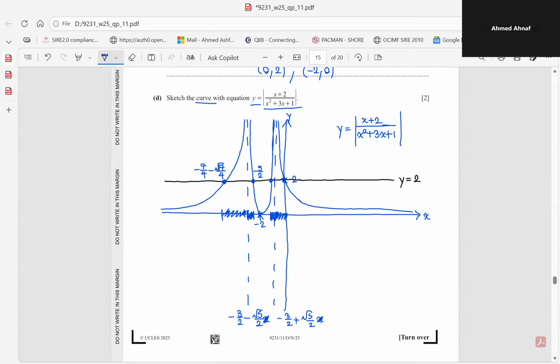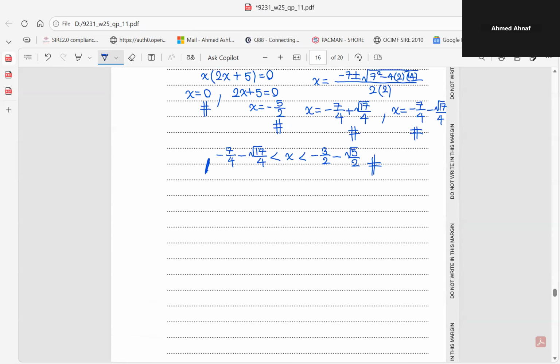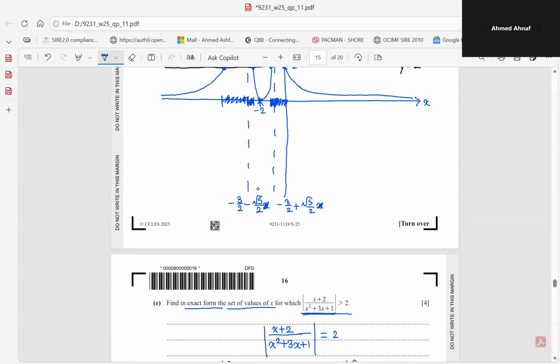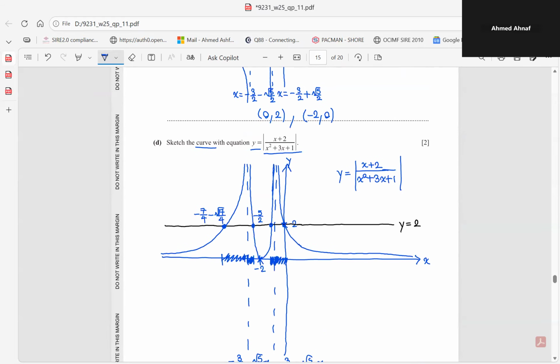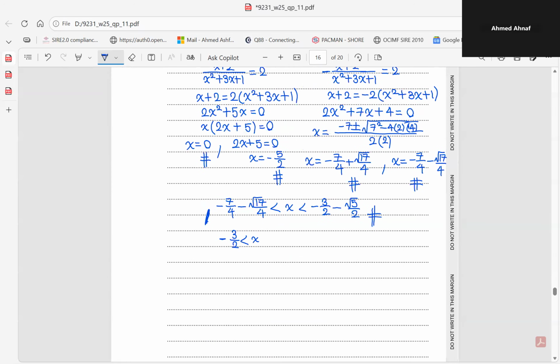The second one is between this one, negative 5 over 2, and the same asymptote, negative 3 over 2 minus square root 5 over 2.